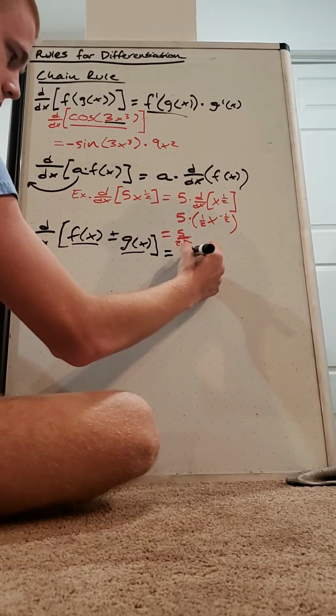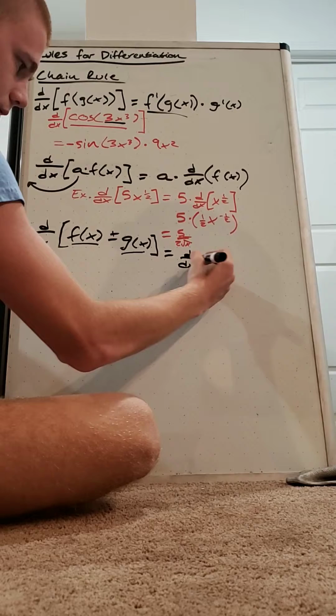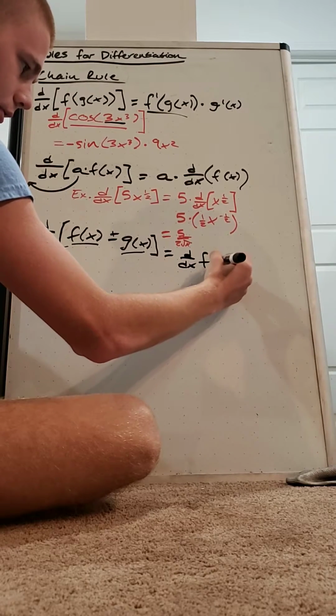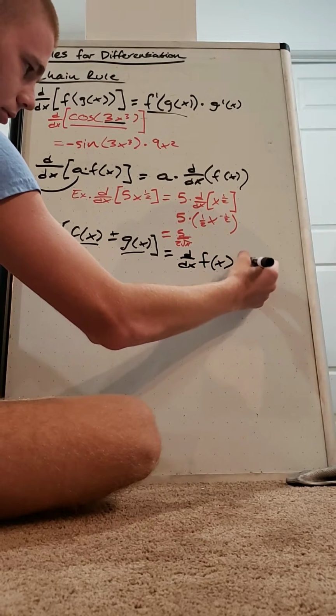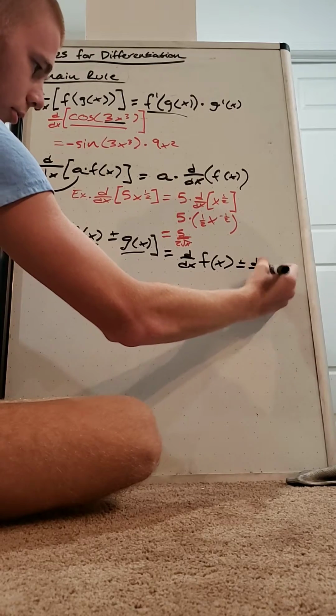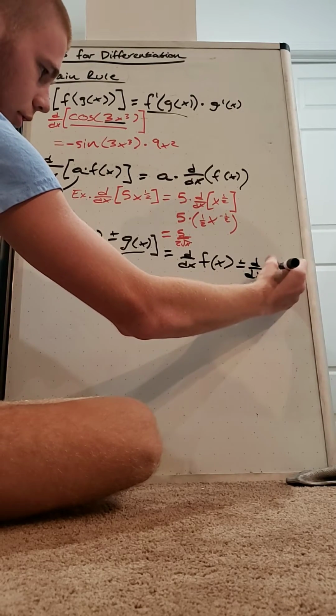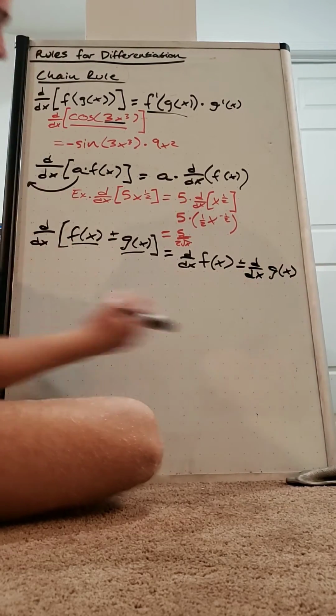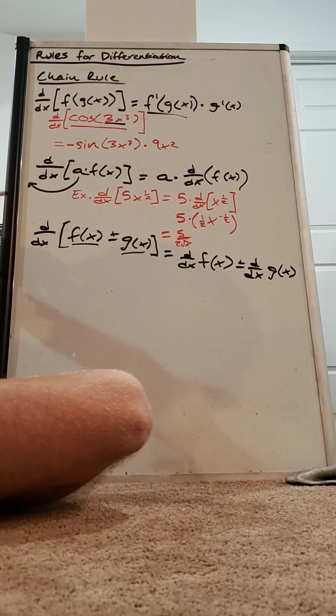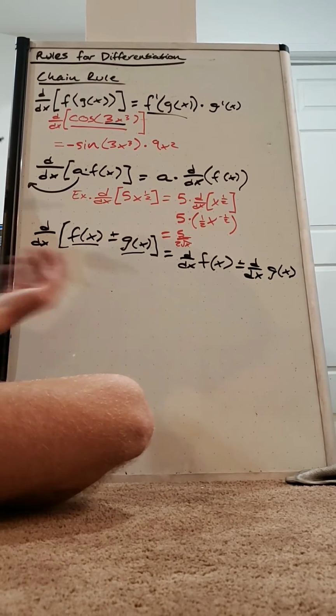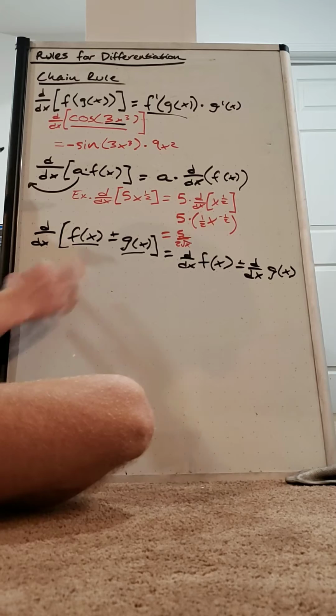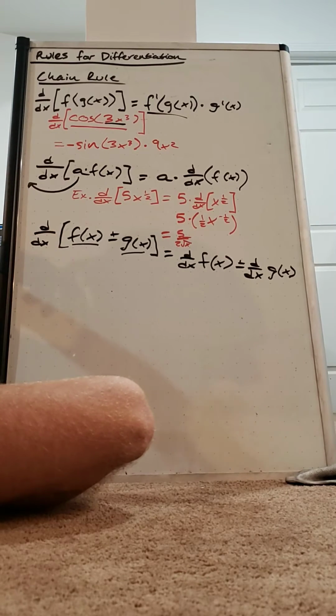So you just have the derivative of f of x plus or minus the derivative of g of x. This one's kind of intuitive. If you're differentiating two functions added or subtracted, you just differentiate them independently.